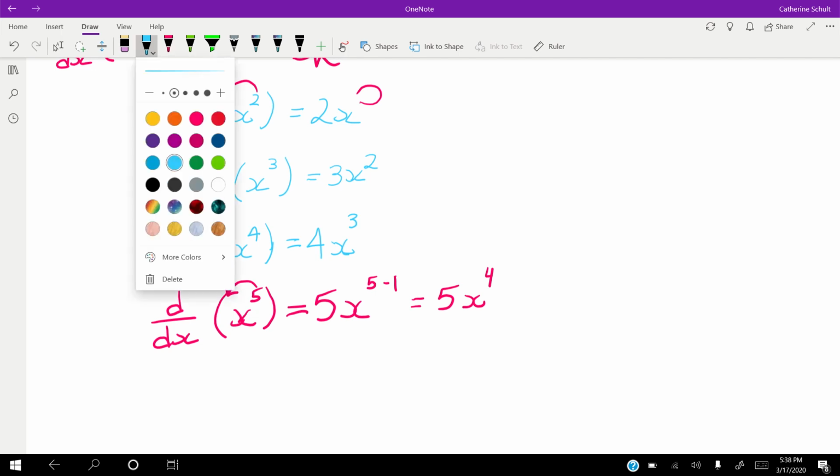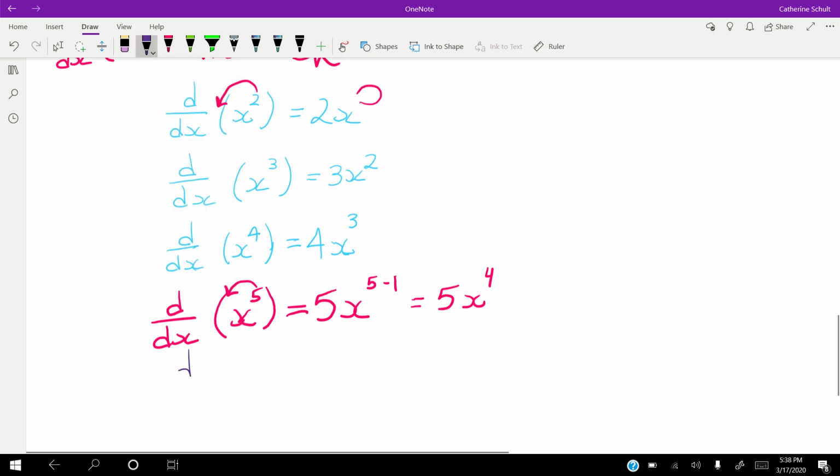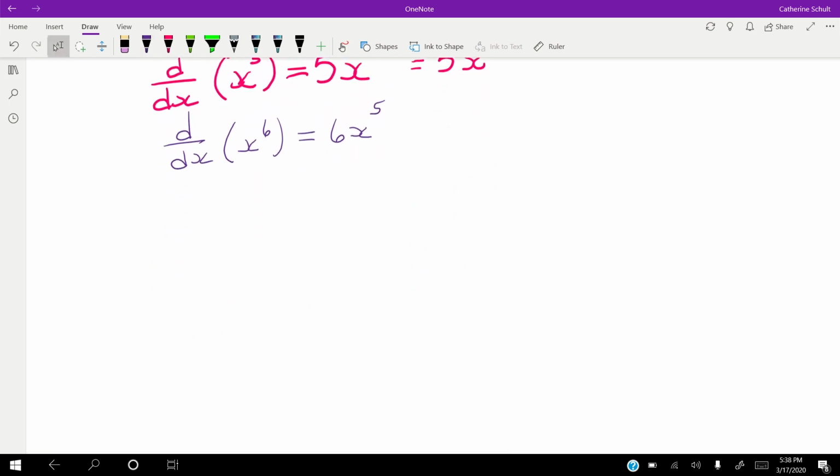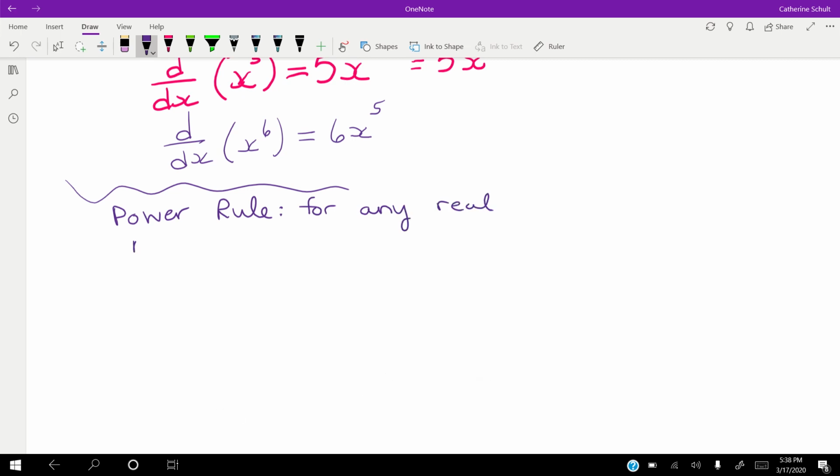Do you want to guess what the derivative of x to the sixth is? 6x to the fifth. In general, and this is called the power rule, this is true for any real number n. The power rule says that the derivative, here I'll write power rule, and this is true for any real number n, so real numbers, fractions, decimals, negative numbers, the whole shebang.